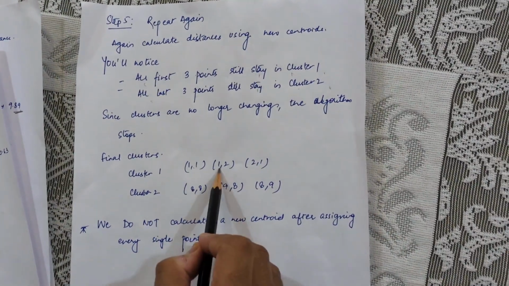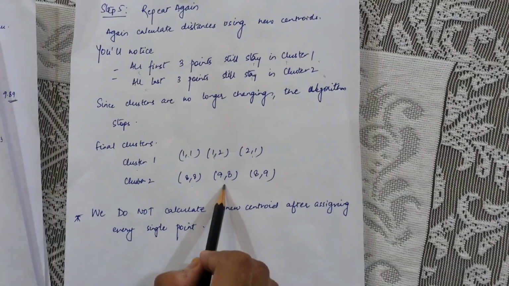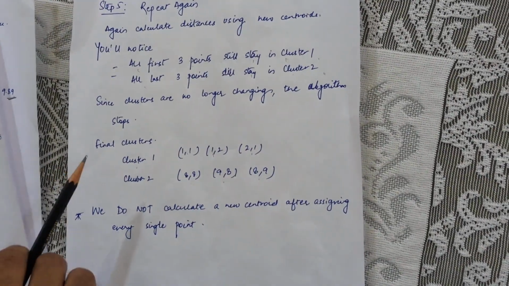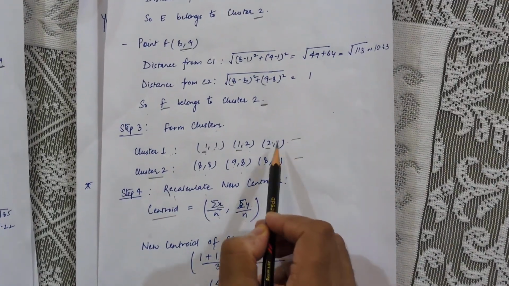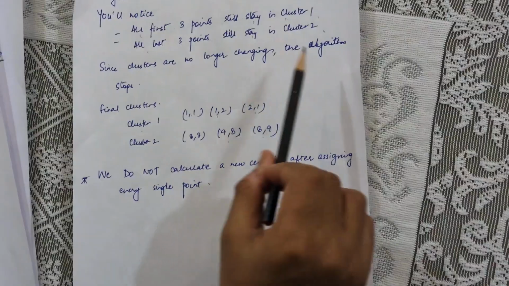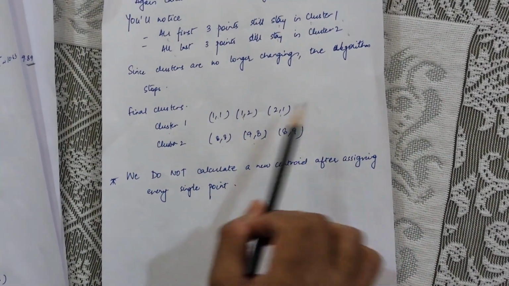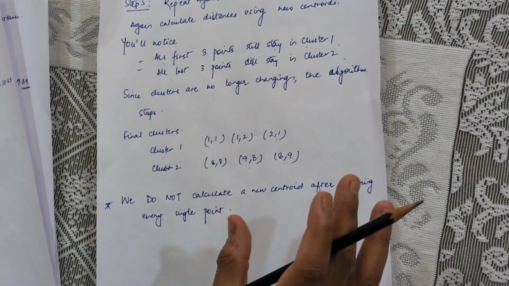That is, (1, 1), (1, 2), (2, 1) all lie in cluster 1, whereas (8, 8), (9, 8) and (8, 9) all belong to cluster 2, which was the case earlier as well. Since the clusters are no longer changing, the algorithm stops at this point. The algorithm will only stop when your clusters do not change.